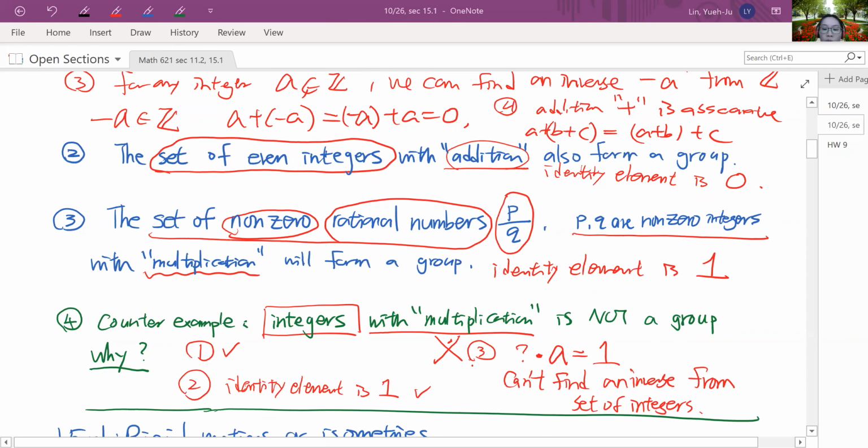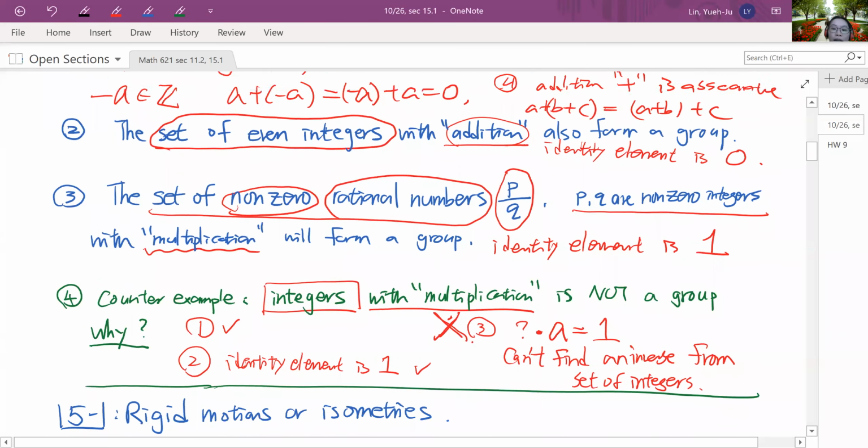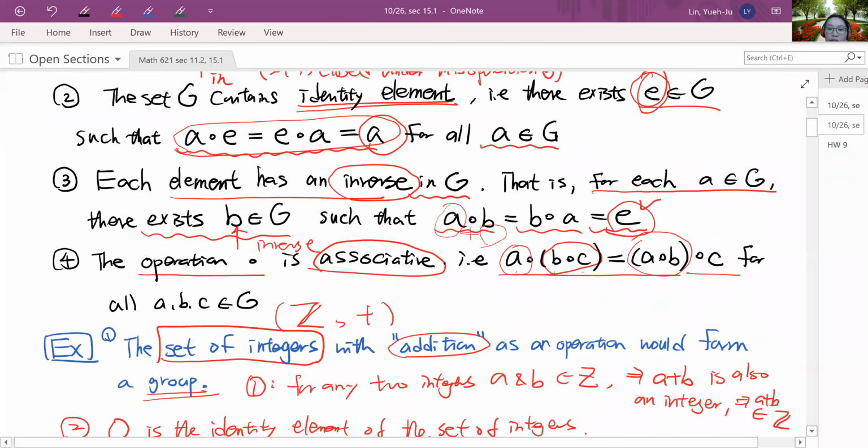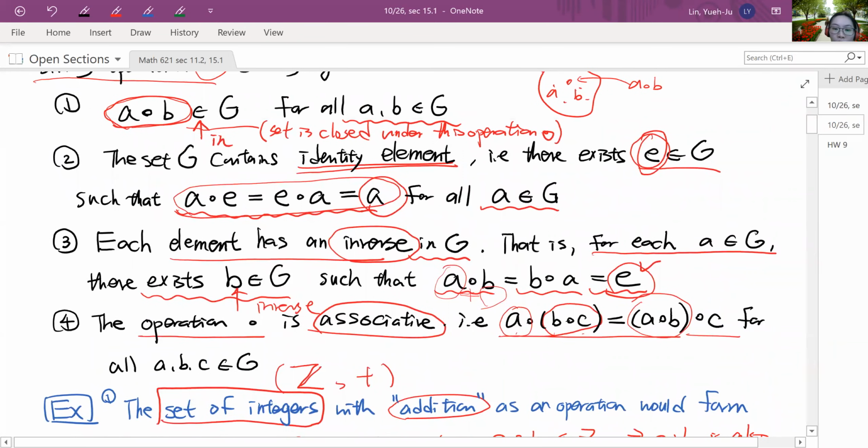Oh, you mean why the number 3 criterion is not okay. If we go back to the third criterion, we agree that we have an identity, that's the 1 in this case. But the number 3 criterion needs you to find an inverse from the set. So in this case, what's the inverse here?